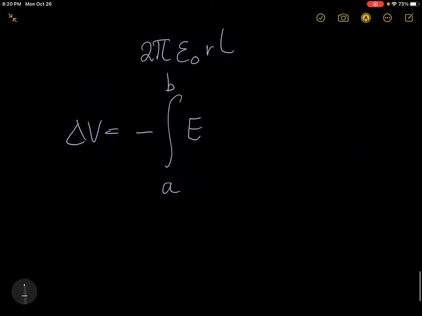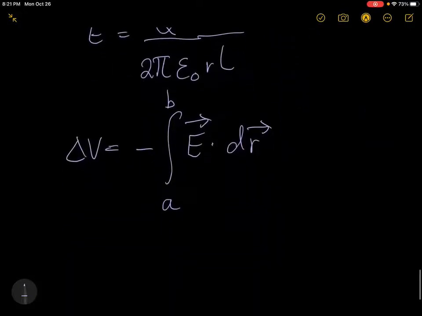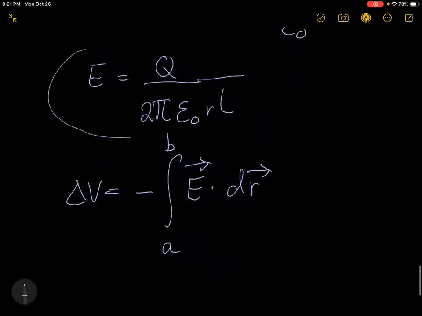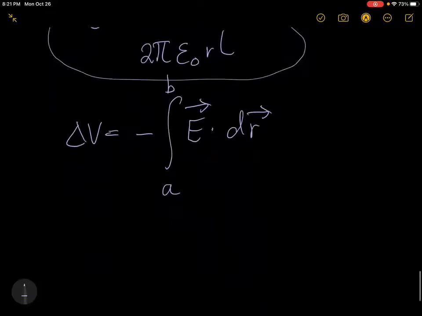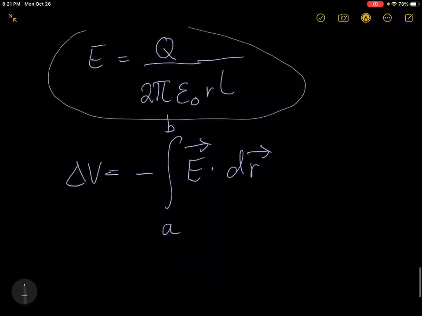And then it's just this dot product for the integrand. We already found E, which was this. We can take out most of it, except for R, which we will have to leave in the integral, but the rest of it is pretty much constant.